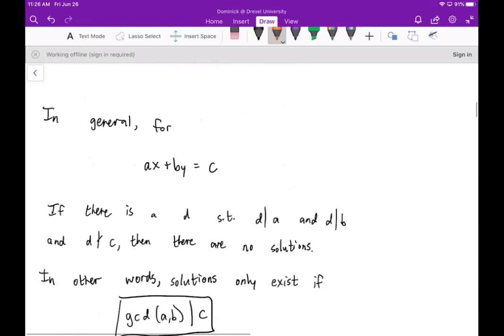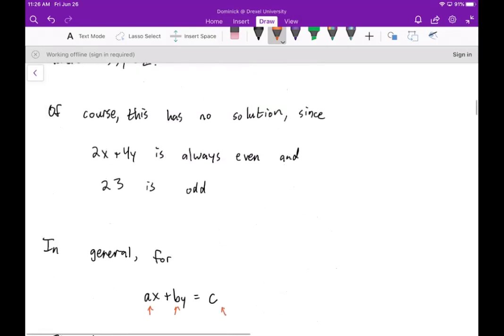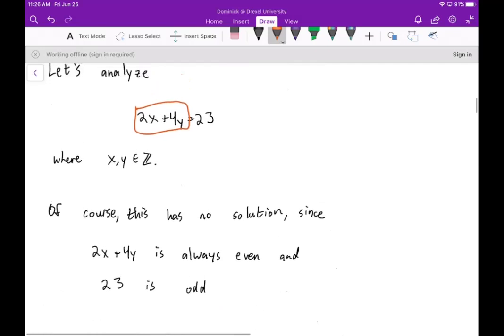If there is some d such that d divides a and d divides b, but d does not divide c, then there are no solutions, right? So for example, in this previous example, we had that 2 divides 2x, 2 divides 4y, but 2 does not divide 23.